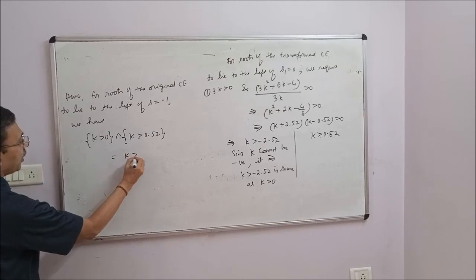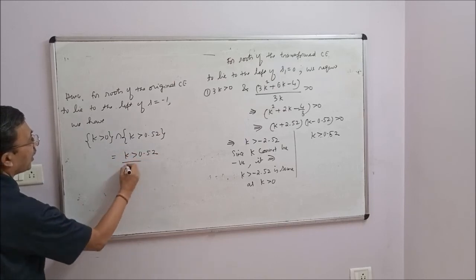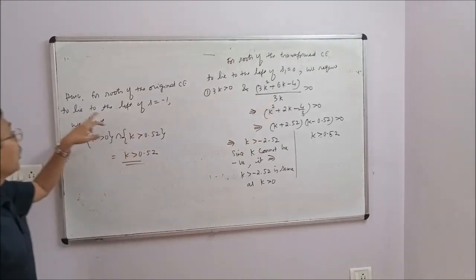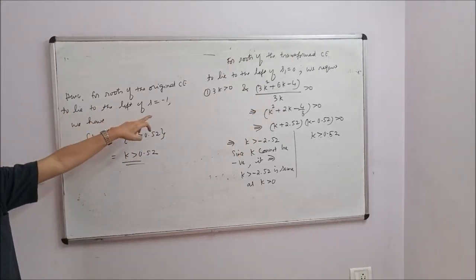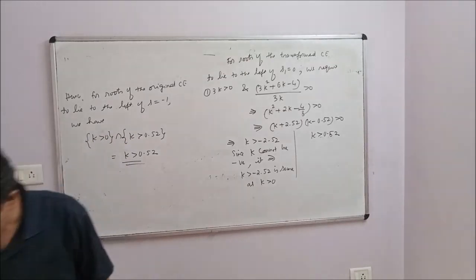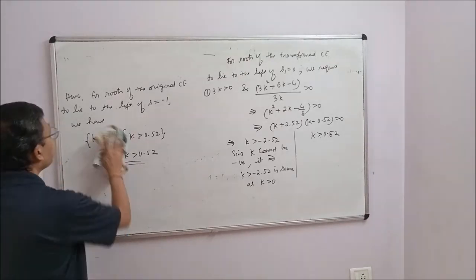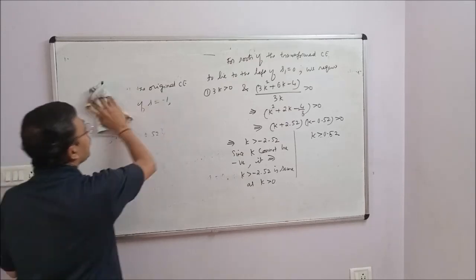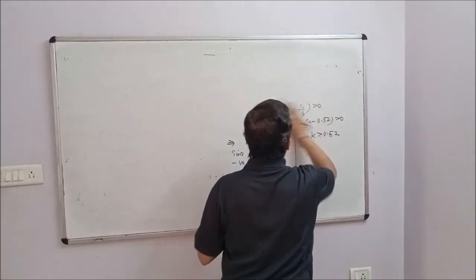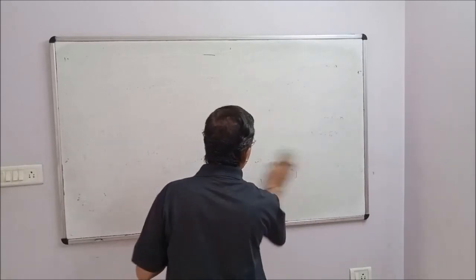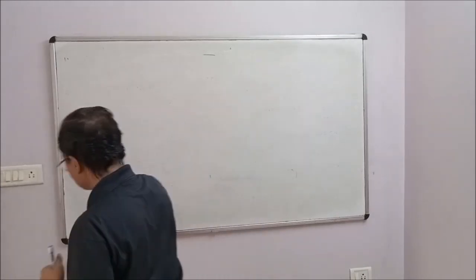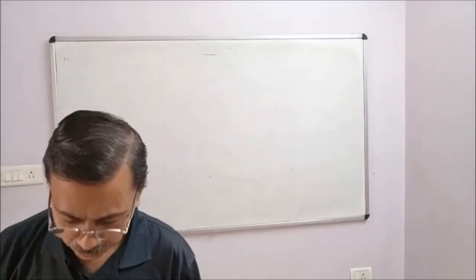Therefore, it gives k greater than 0.52 as the answer. So, to the left of S1 equal to 0 is same as the left of S is equal to minus 1. This is how the problem is done. We go to next problem.